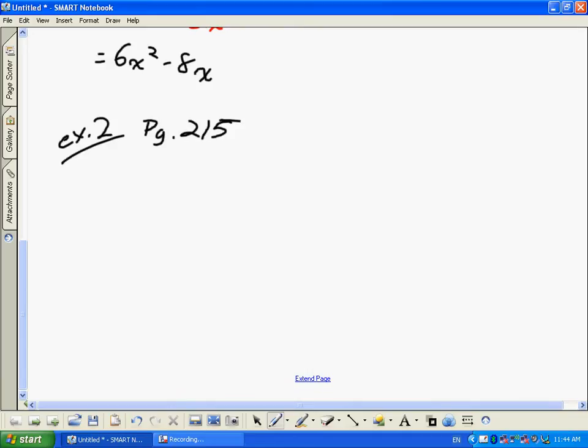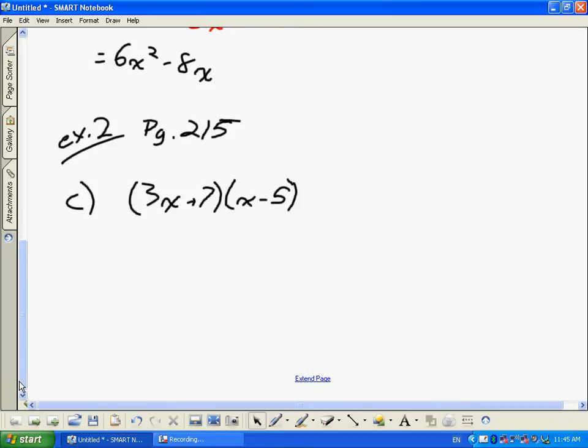If you guys can understand C, you can easily do A and B. And I think you guys have the intelligence to go straight to C. So, yes. Question C states 3x plus 7 multiplied by x minus 5. Okay. So this is essentially what we're going to be working on today.